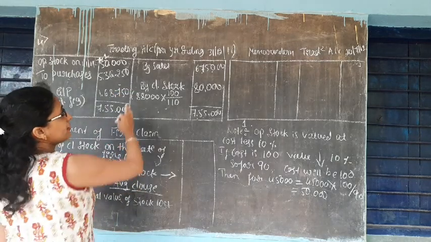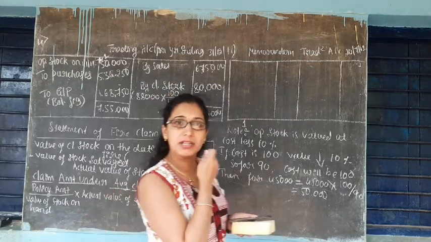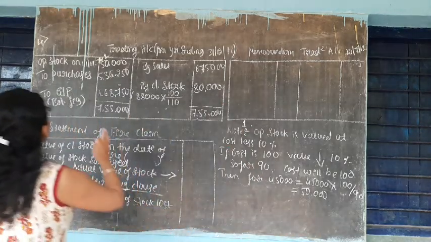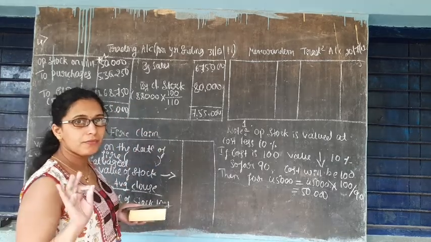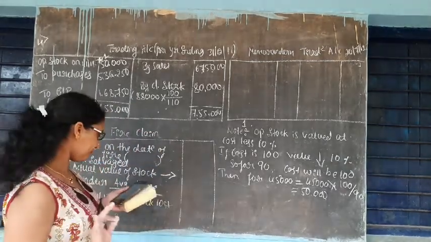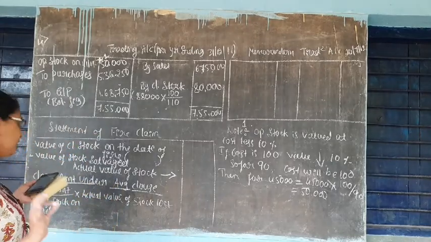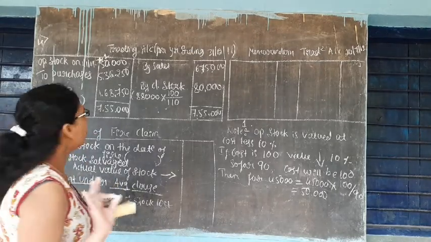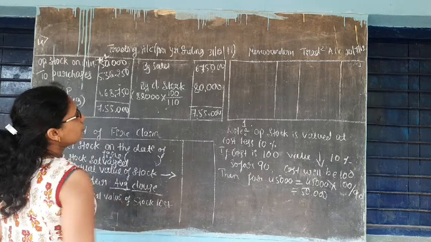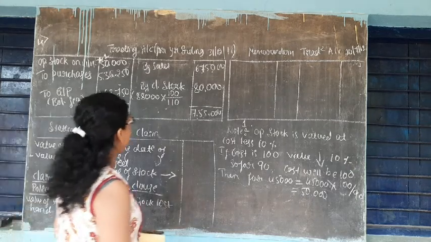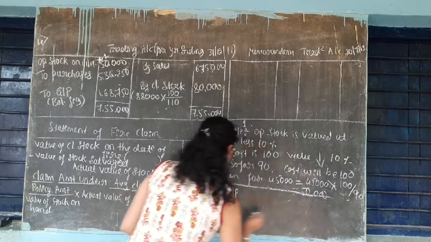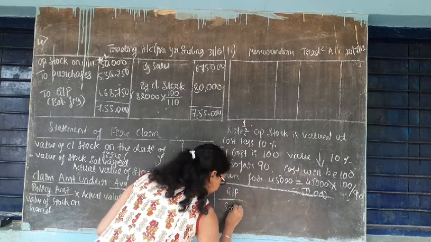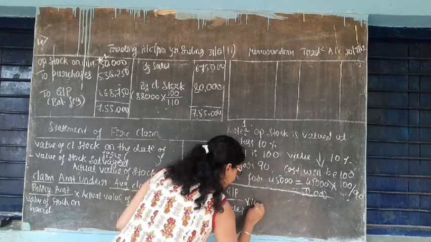And for this, to prepare memorandum trading account, you must know the rate of gross profit on sales. So formula is gross profit divided by sales into 100. So to find out the rate of gross profit, you have to do gross profit divided by sales into 100.